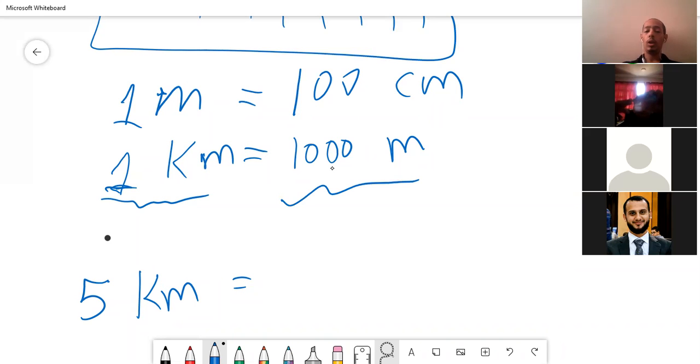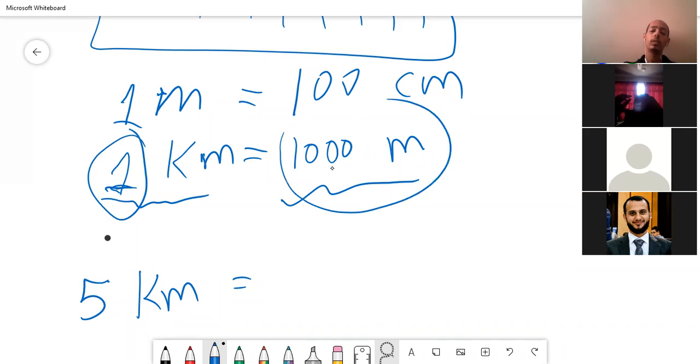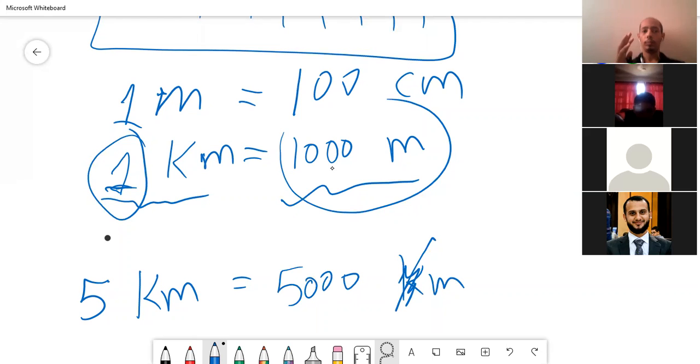If you have 5 kilometers, you're going to get 5,000 meters. Rumaisa, listen to me. 1 kilometer equals 1,000 meters, right? If you have 1,000 meters, this means you have 1 kilometer.